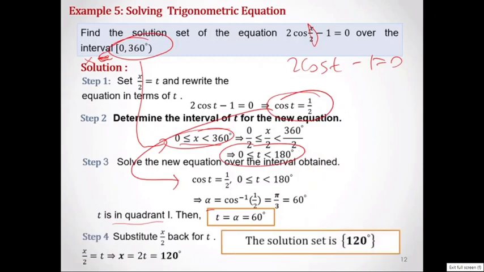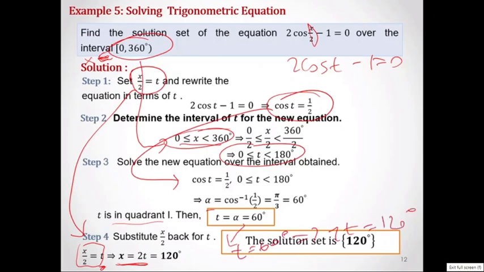Now we will go back to x. T is equal to x over 2 as we set here. Then we will go back, which means x is equal to 2t. So t is 60, so 2t will be 120, and we write it as x.